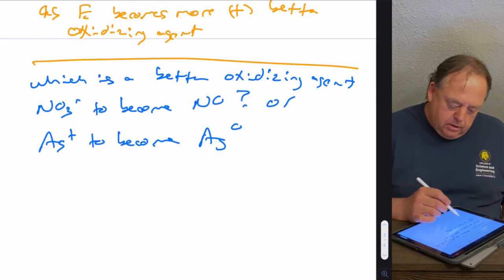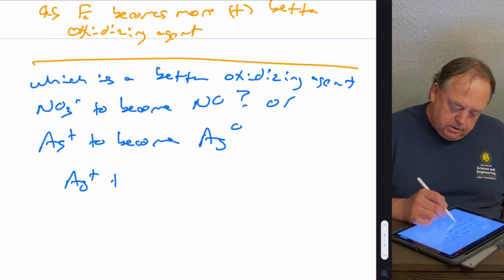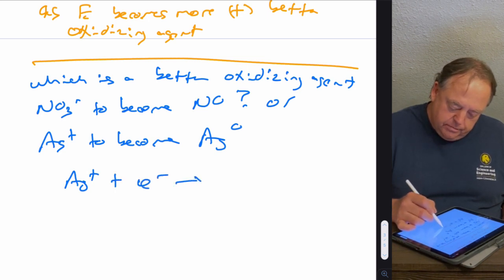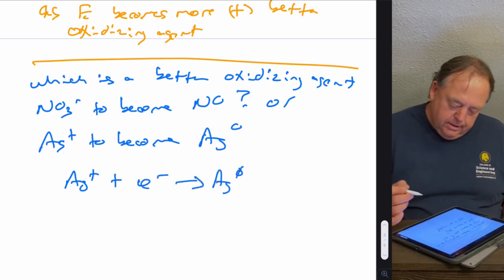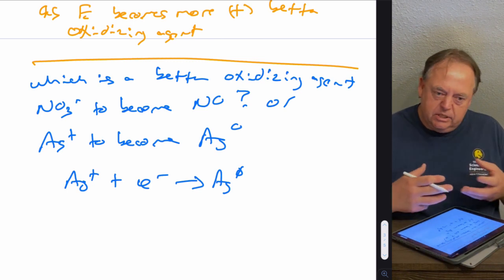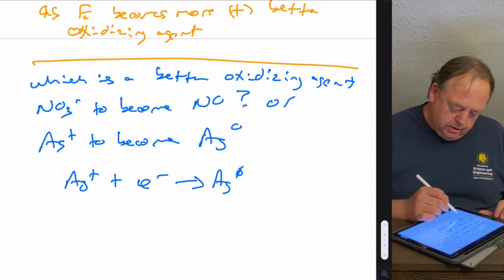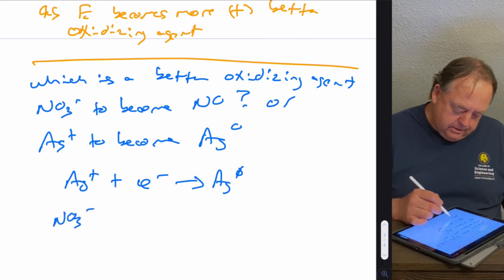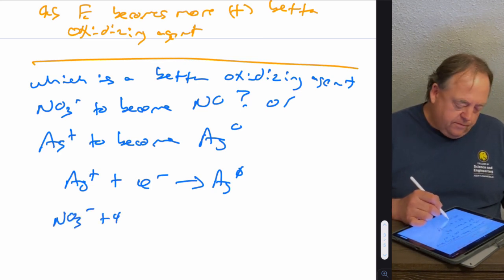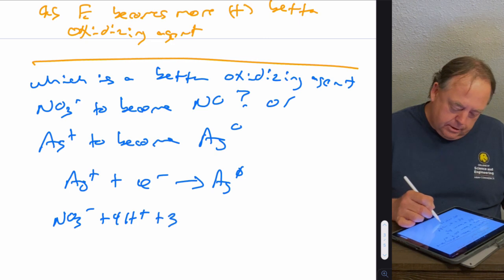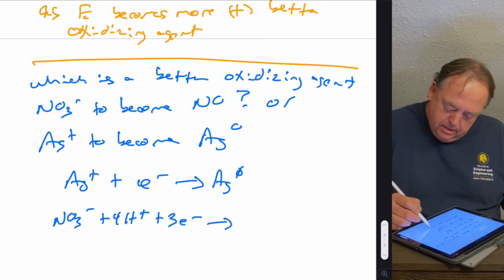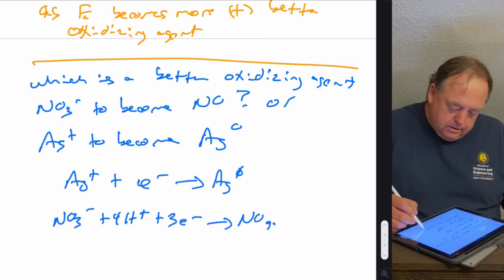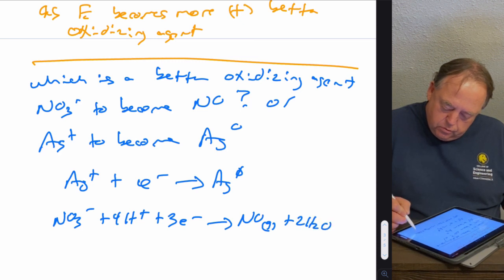So Ag+ plus an electron to become Ag0, that would be its reduction potential. It's gaining an electron, so it's being reduced. And if you look up in the table, NO3 minus plus 4H+ plus 3 electrons to become NO gas plus 2H2O liquid.